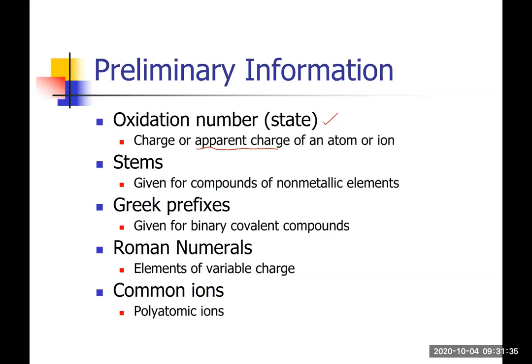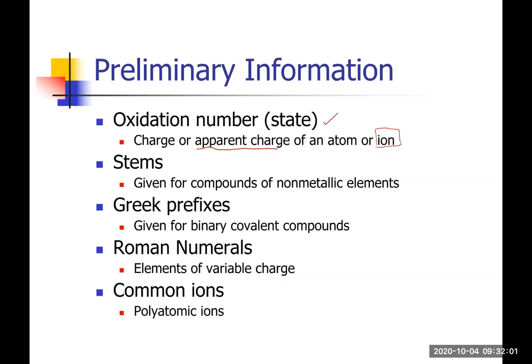We call it an apparent charge because it isn't like the charge that you have, per se, on a polyatomic ion, where that species exists with a negative or a positive charge. It's an apparent charge because it's a charge that a chemical species will acquire as it approaches another chemical species that it's going to be involved in a reaction with, i.e., bond formation.